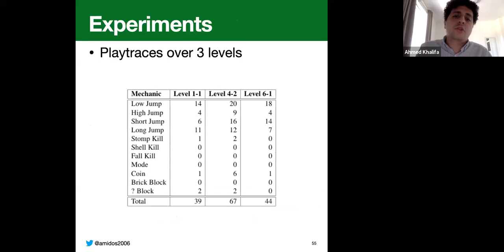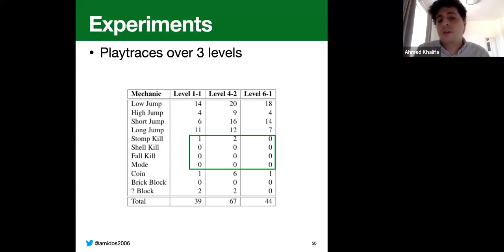We tested that on 3 levels from Mario, which are level 1.1, level 4.2, and level 6.1. And this is a histogram of playing these levels with the A-star algorithm. As you can see, the A-star algorithm avoids killing enemies and also hitting blocks and other stuff, because it's not what it tries to do. It just tries to win the level, and it does a lot of jumps. This probably will hurt the generation, because if you don't need to kill enemies, there is no need to have enemies in the level.